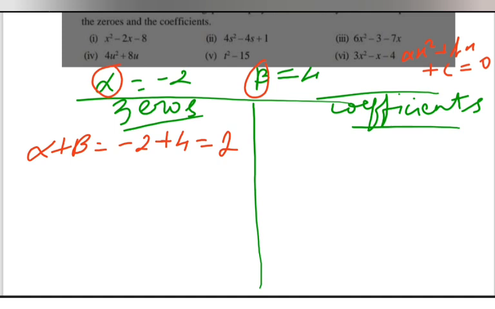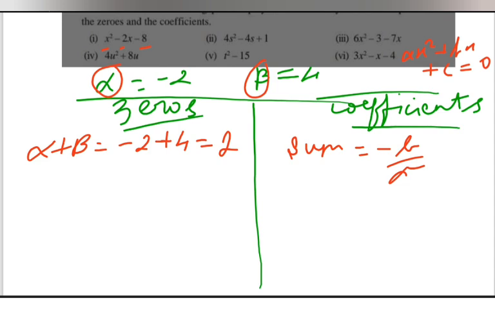And for the coefficients, how to find the sum? We have a formula: the sum of the zeros of the polynomial is equal to minus b by a. See the question, this is a, b and c. The coefficients of x square, x and the constant are a, b, c respectively.